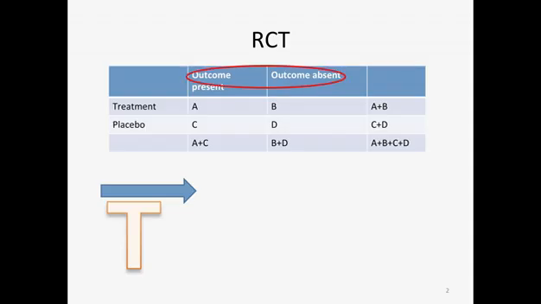The outcome of interest, presence or absence of either beneficial or adverse effect, is plotted across the columns. This is written as outcome present or outcome absent, and the word outcome can represent either the beneficial effect or an adverse effect that you are interested in.